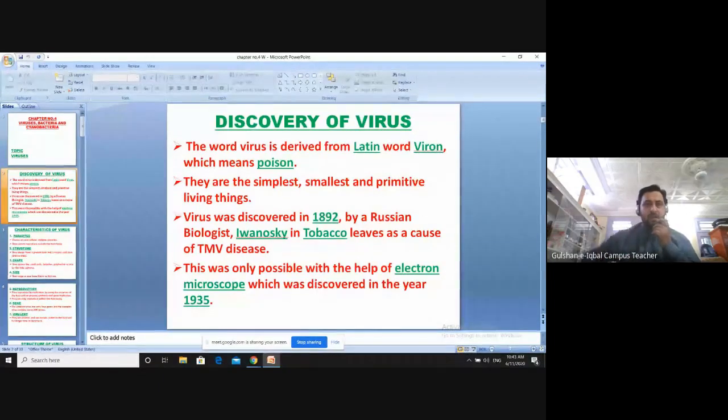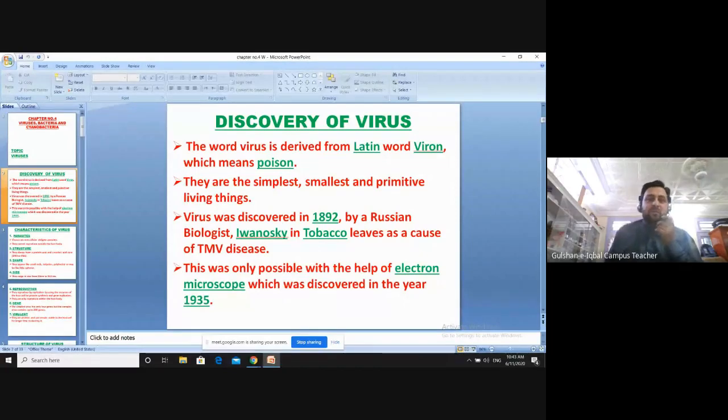Okay, again, the word virus is derived from a Latin word that is viron, and viron means poison. They are the simplest, smallest and most primitive living things. Okay, viruses were discovered in the year 1892 by a Russian biologist. His name was Ivanovsky, and he discovered them in the tobacco leaves where they were causing a disease.